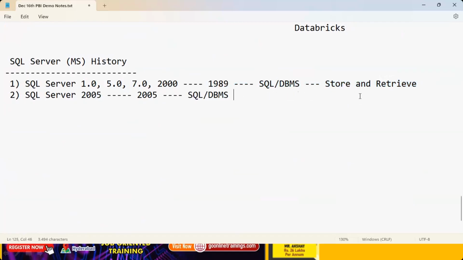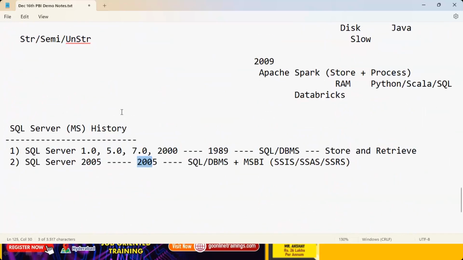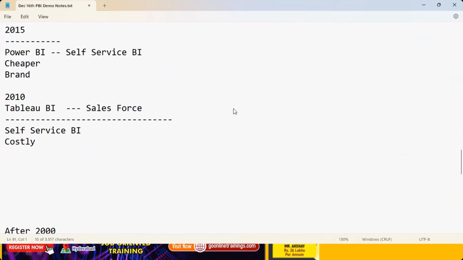In this version they added MSBI. MSBI means, as I just told you, SSIS, SSAS and SSRS. So in 2005, MSBI was launched along with the SQL Server only.